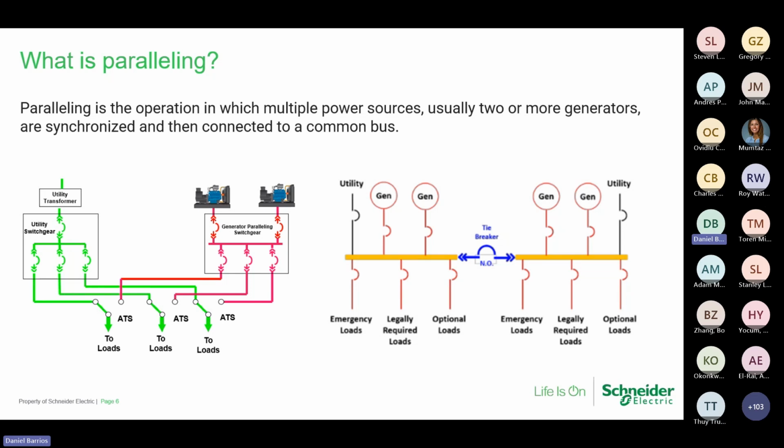Now, we point out on the right side that you may have a segregated bus or a split bus system. Many times this comes into play when we are doing medium voltage. The reason we do that is that each of the left and right side branch buses may have emergency loads, critical loads, I'm sorry, life safety loads that need to be on in 10 seconds.